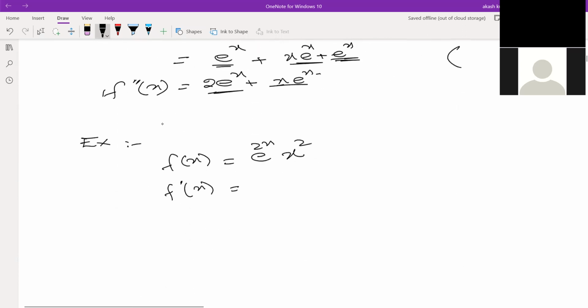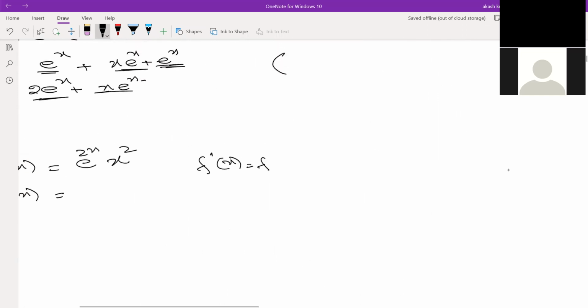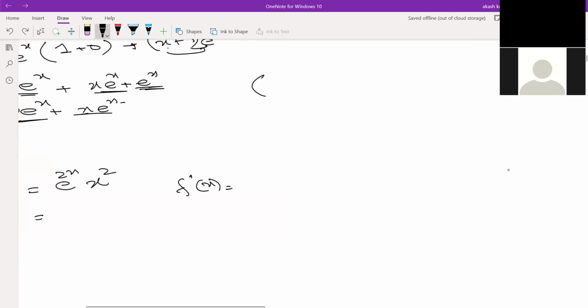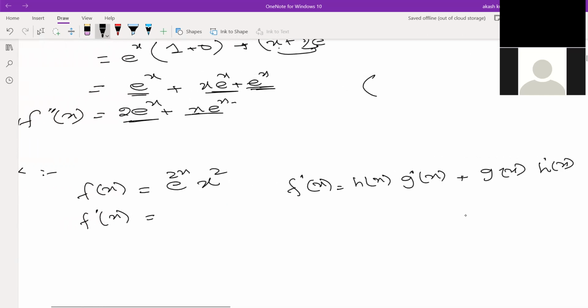Okay, so let me just write it for you here: plus g of x h dash of x. Okay, here you go. This is the formula, and try to solve this question: x squared multiplied with e^(2x).